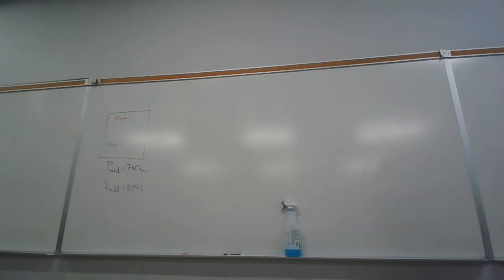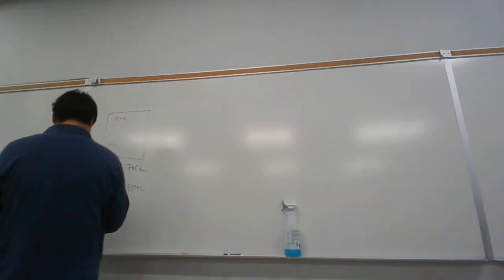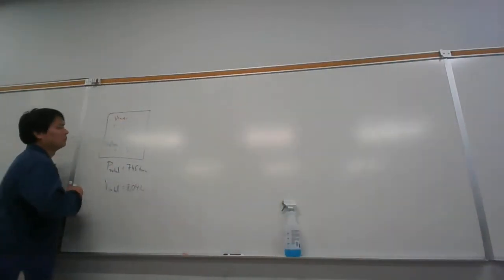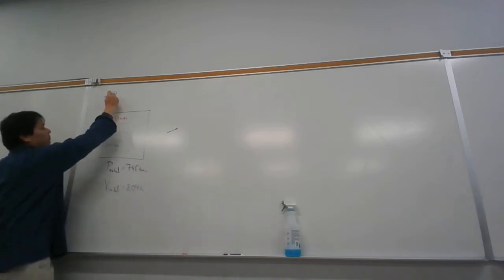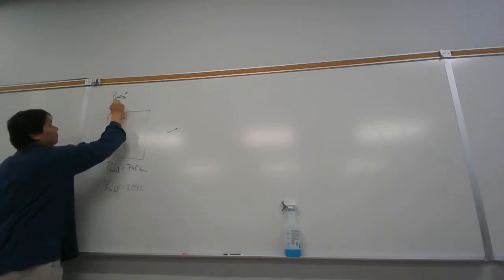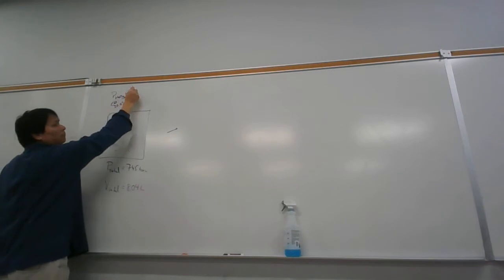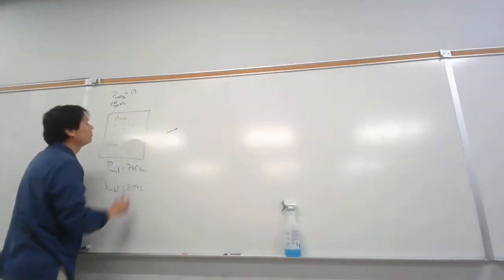At 20 degrees C, what is the vapor pressure of water? 17.535. And the units for this are torr. 17.535 torr.